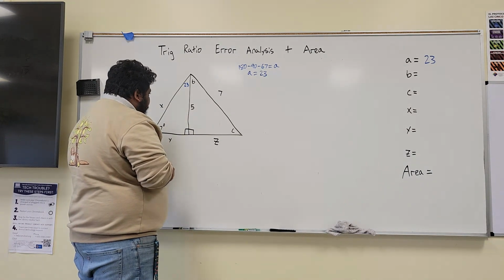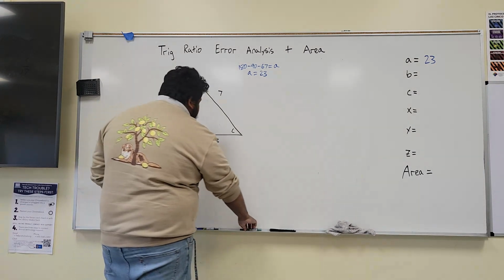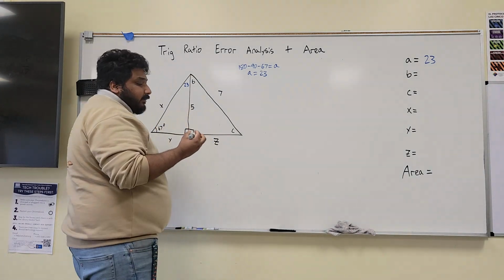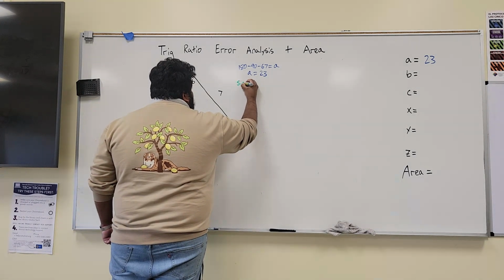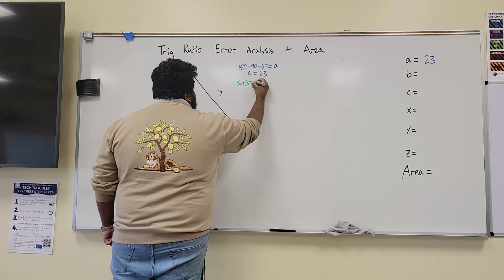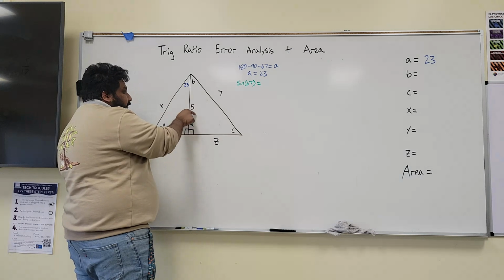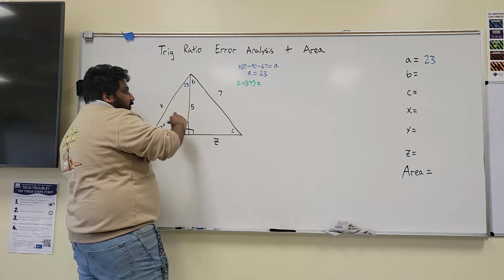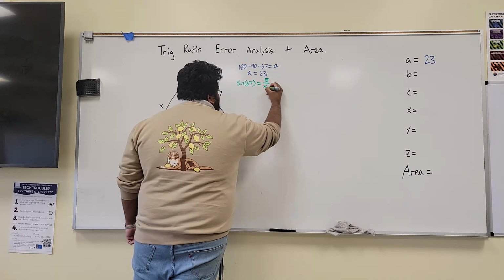To solve for x, I'm going to use sine. So we're going to take the sine of 67, and that's going to have our equation set up to the opposite side over the hypotenuse, so that's going to be 5 over x.